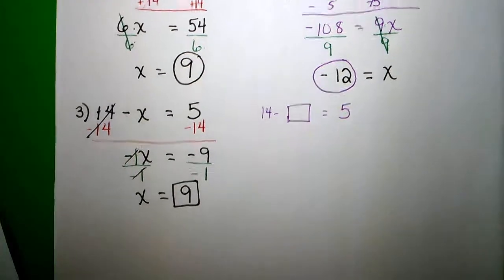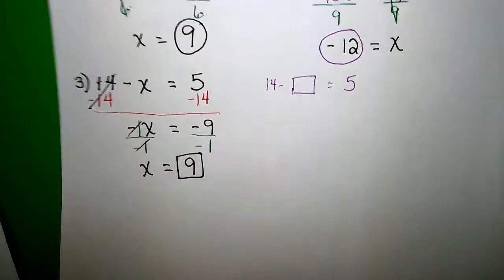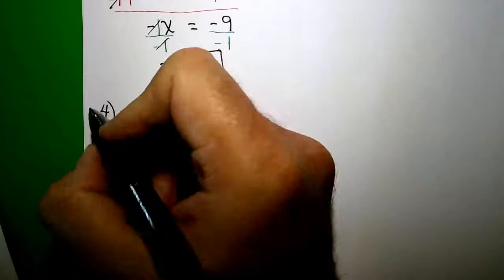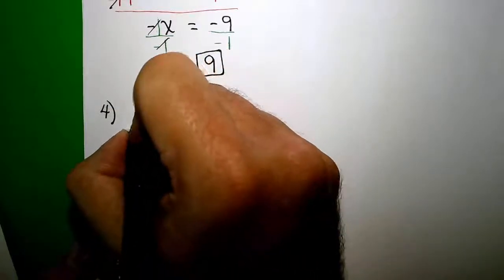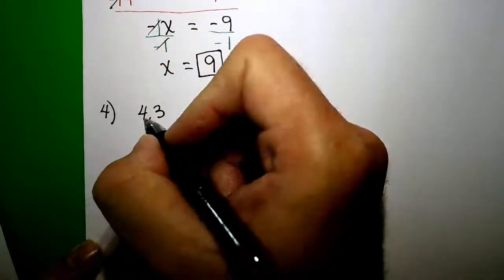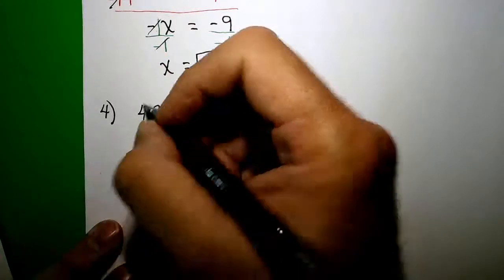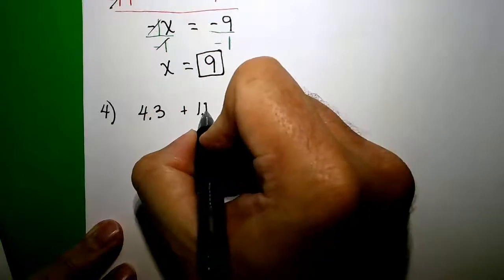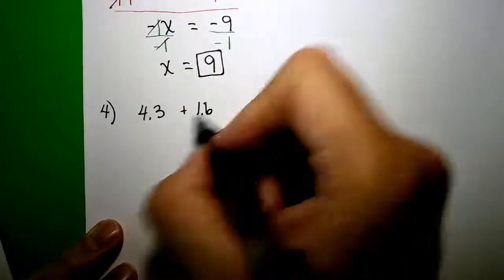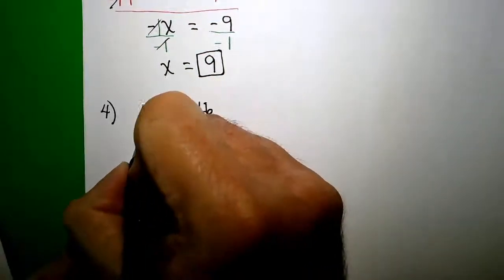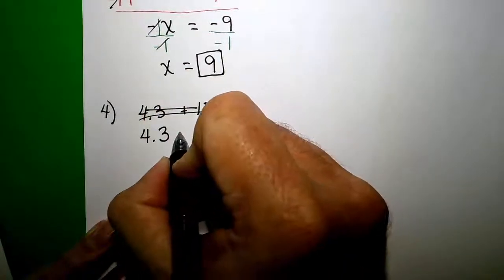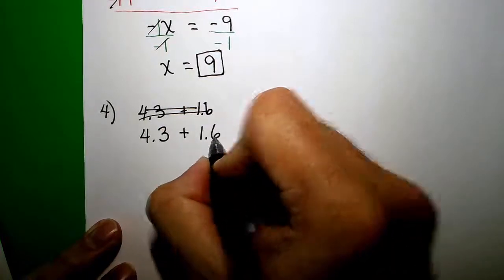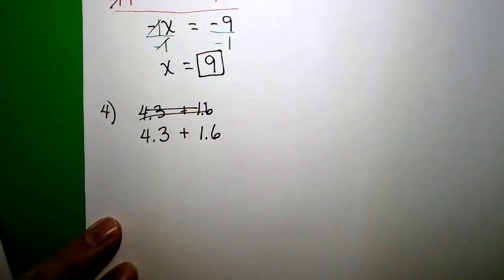Let's do a problem that has a decimal. Problem 4. 4.3 plus 1.6, that's sort of messy. 4.3 plus 1.6, and let's use a variable instead of x.